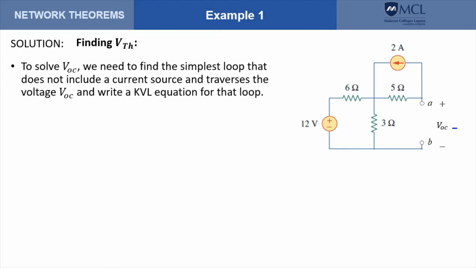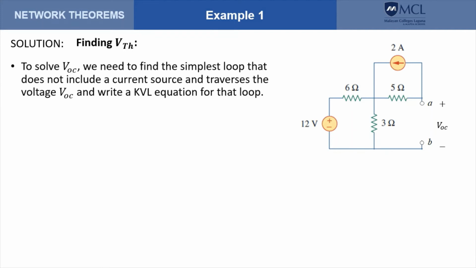So that loop can be this loop. We could have used this loop, but this is not the simplest loop. And that loop must not contain any current source. Okay, so let's use the smaller loop.